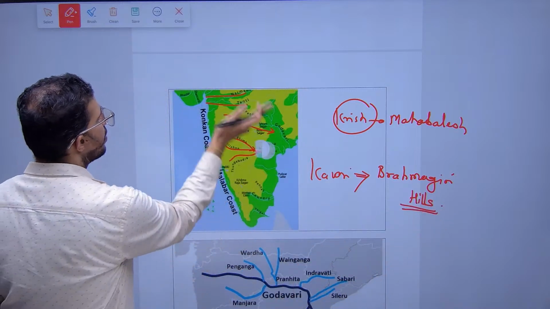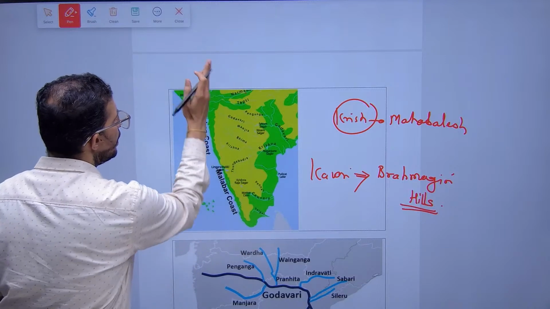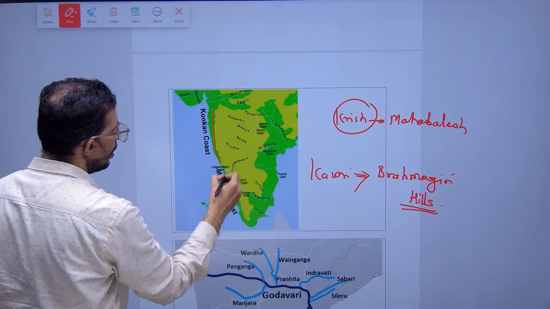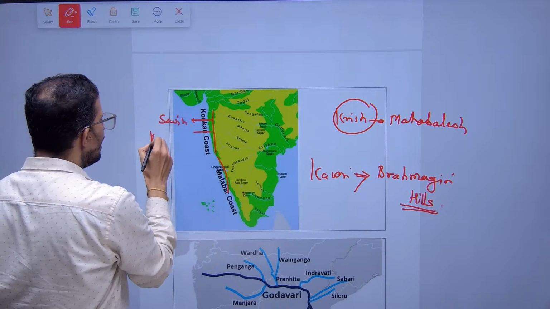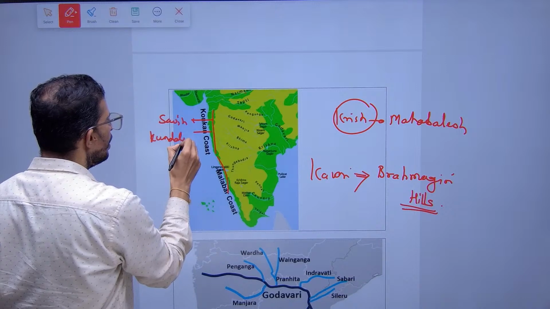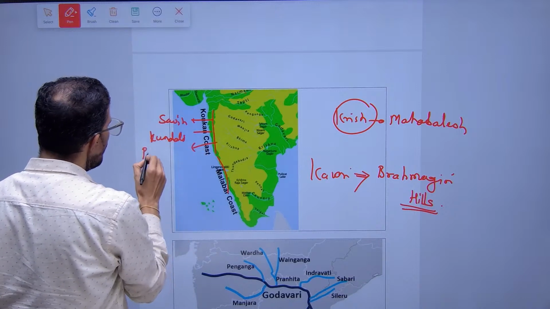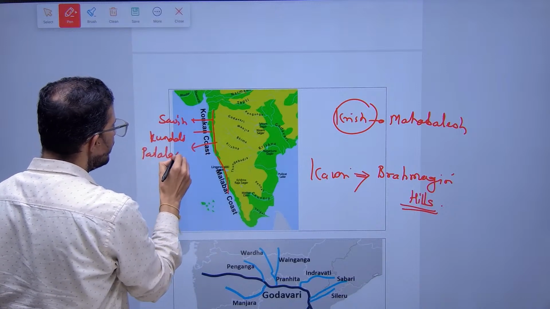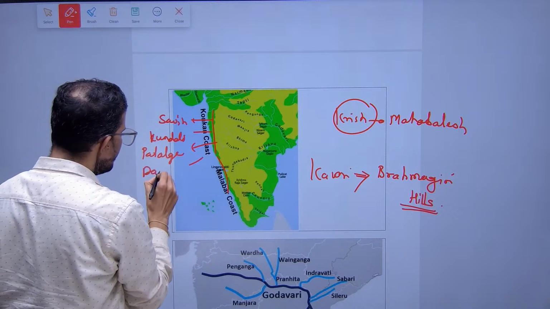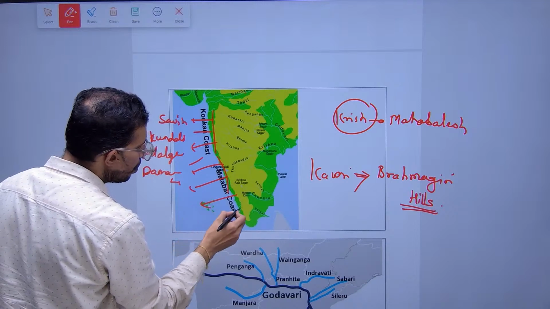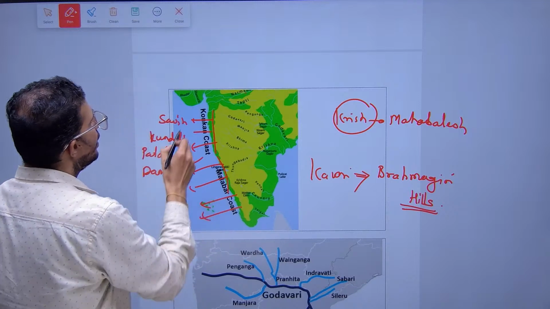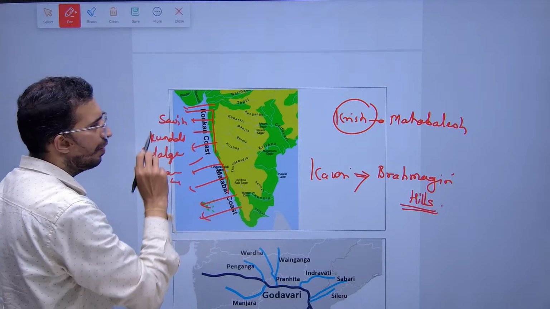Talking about the western flowing rivers, you would get the Savitri river, Kundalika river, then Patalganga river, Damanganga river, then Zuari, Mandovi, Bharatapuzha, Periyar river, then Bedti river, Shravati river.